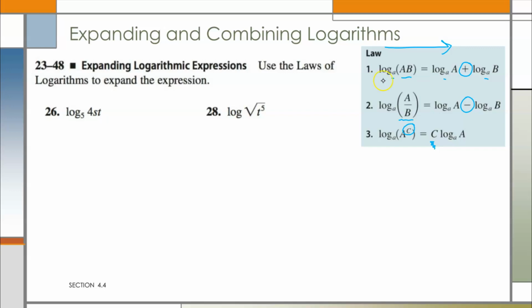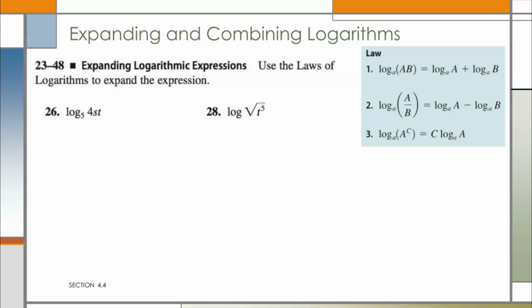Okay, so working left to right, multiplication, separate out with addition. Division, we separate out with subtraction. Powers, we bring the powers out front. Not only working from left to right, we can also use these rules from right to left.